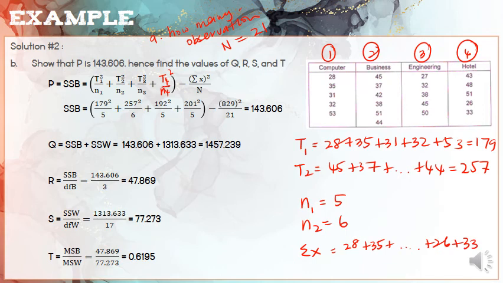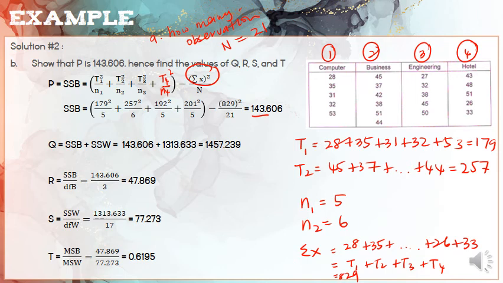Or, since you already have T1, T2, T3 up to T4, you can do T1 plus T2 plus T3 plus T4. The total is 829. So, summation of X squared is 829 to the power of 2. So, you get 143.606.